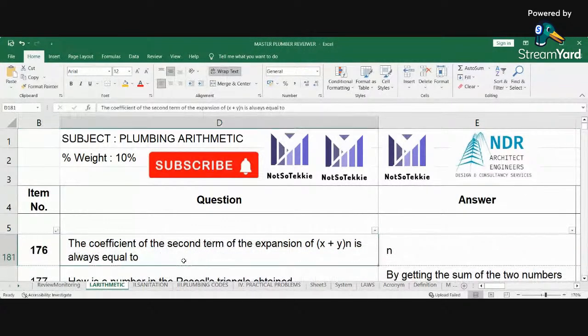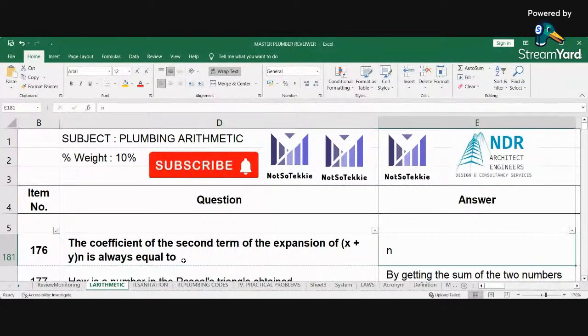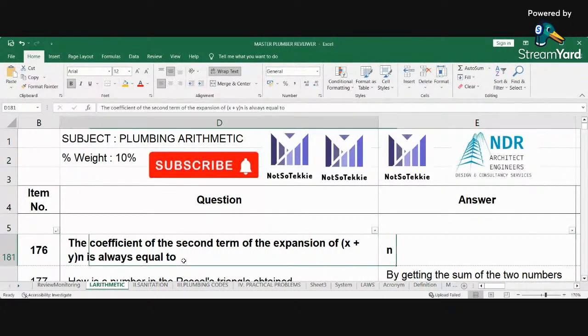The coefficient of the second term of the expansion of x plus y to the n is equal to n.